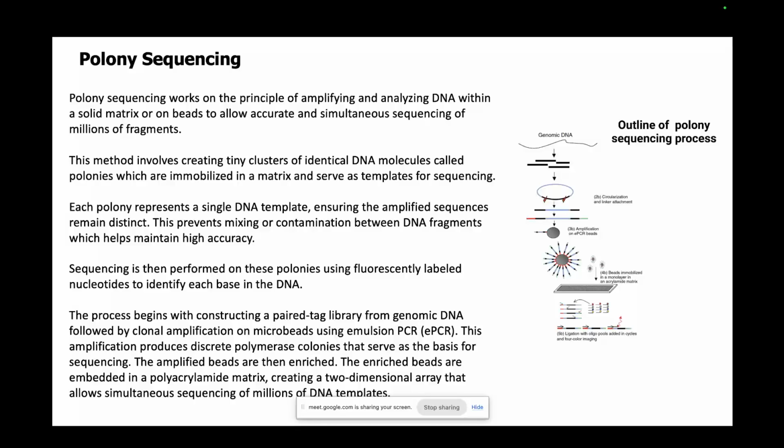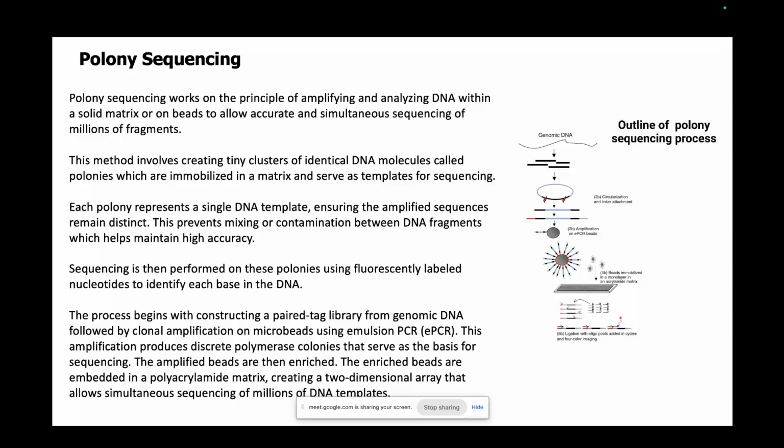After that, how you sequence the actual read is kind of different between different technologies, but the basic idea behind it is mostly similar. The amplification produces discrete polymerase colonies that serve as the basis for sequencing. The amplified beads are then enriched. The enriched beads are embedded in polyacrylamide matrix, creating 2D arrays that allow simultaneous sequencing of millions of DNA templates.